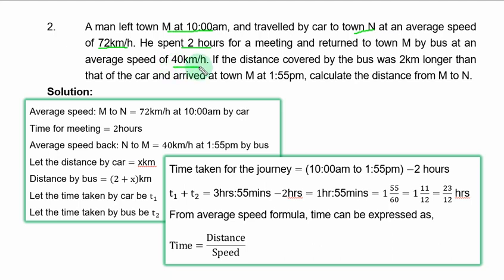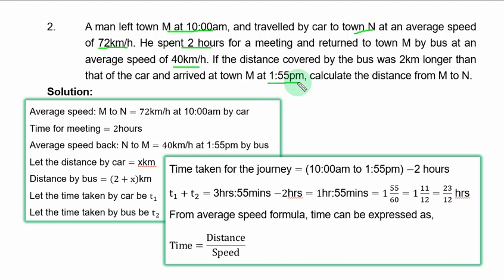If the distance covered by the bus was 2 kilometers longer than that of the car and he arrived at town M at 1:55 p.m., calculate the distance from M to N.